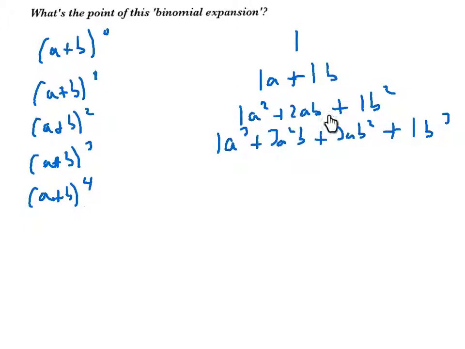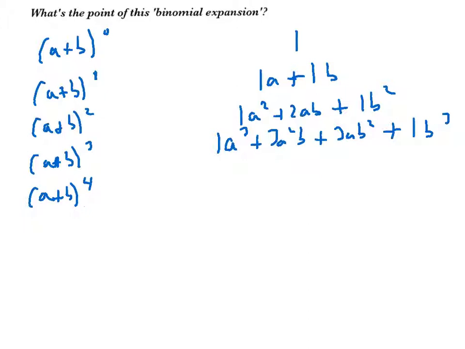And here I've got 2ab, so my power here is reduced by 1, and I've got b to the 1. And here my a is a to the power 0, because that's 1, and here I've got b to the power 2. So in total, each time, I've got this power up here, isn't it? 2 plus 0, 1 plus 1, 0 plus 2, right?